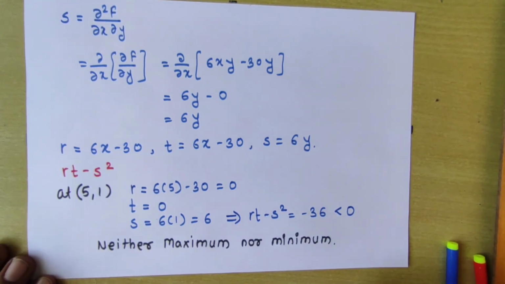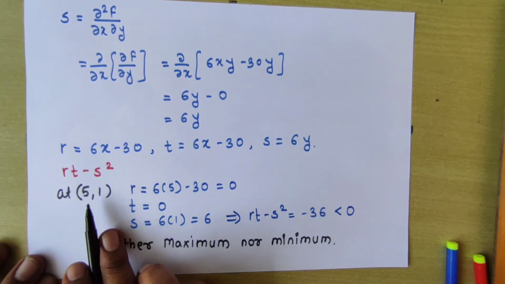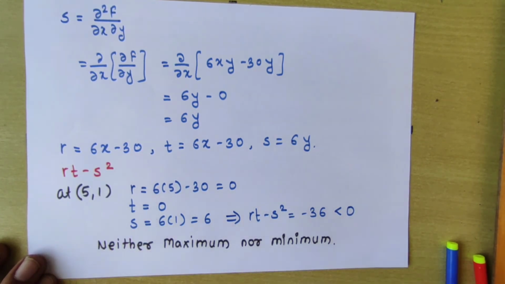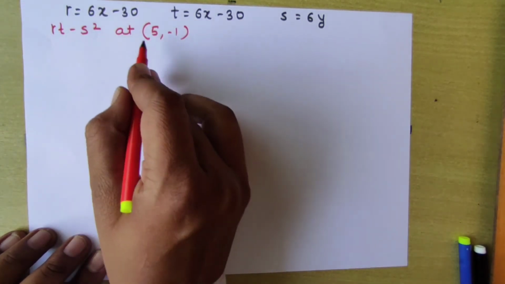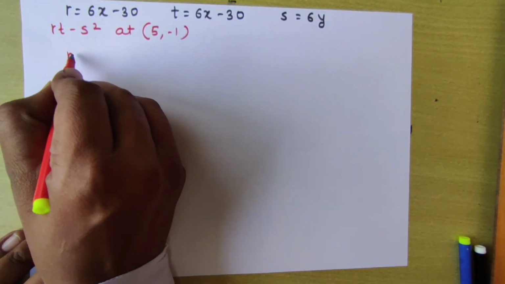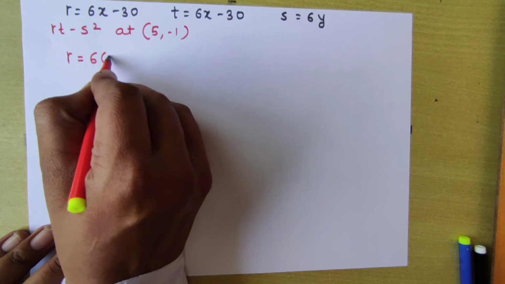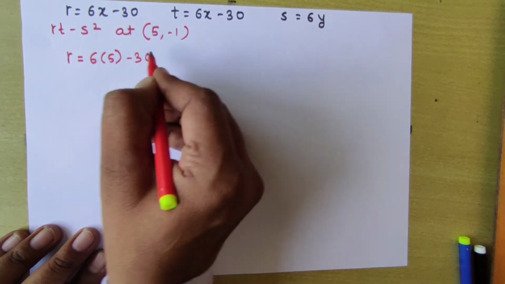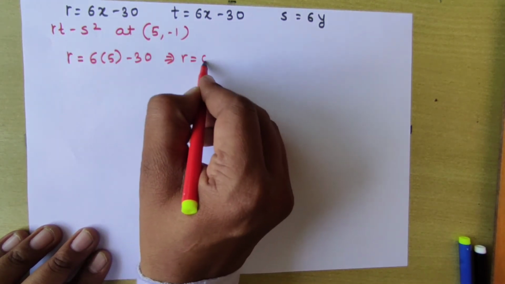Now we try to find out the value at (5, -1). So at (5, -1), the value of r is equal to 6 into 5 - 30. That implies r is equal to 0.